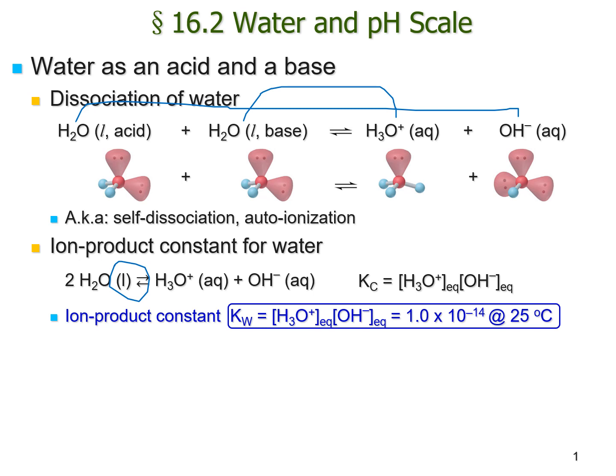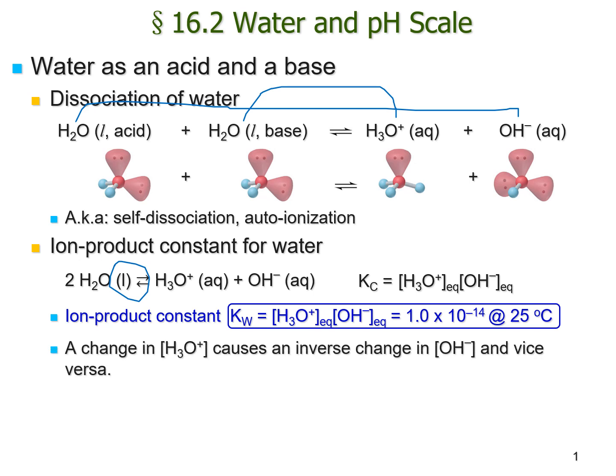Why is Kw so important? That is because Kw contains two key components, which we label as either the acid or the base. As we can see, H3O plus is the acid, and OH minus is what we call the base.